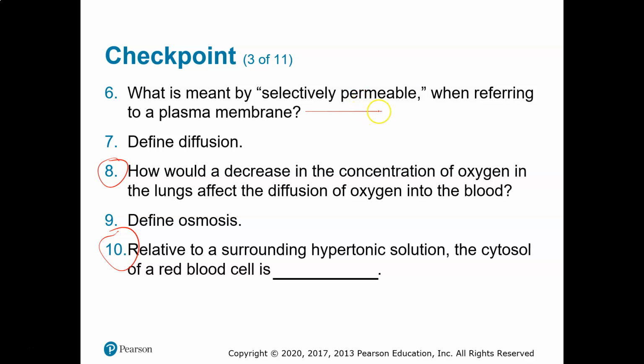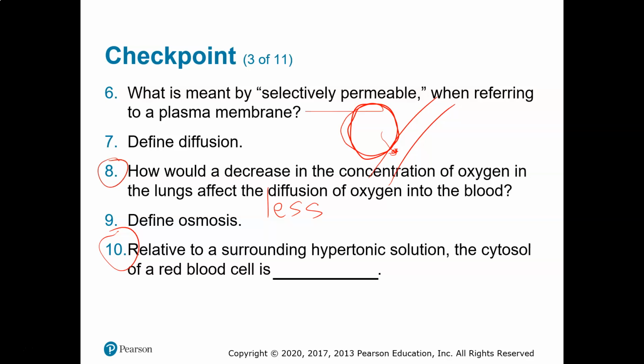Here is a lung air sac, which usually has a high concentration of oxygen in it. And then this is an example of a blood vessel. Normally the oxygen diffuses into the blood, but you would have less diffusion of oxygen into the blood, or a lower rate of diffusion, if there was a decrease in the concentration of oxygen in the lungs.